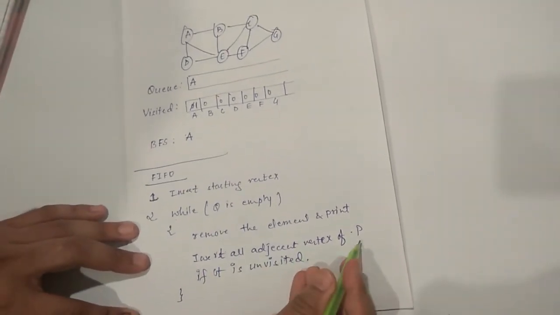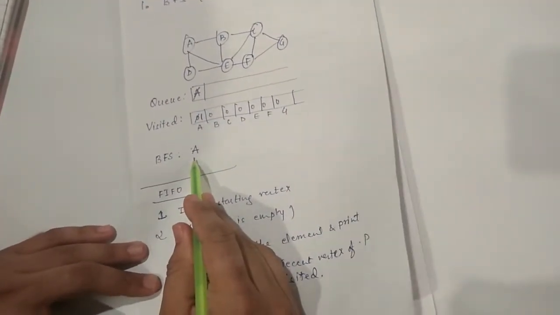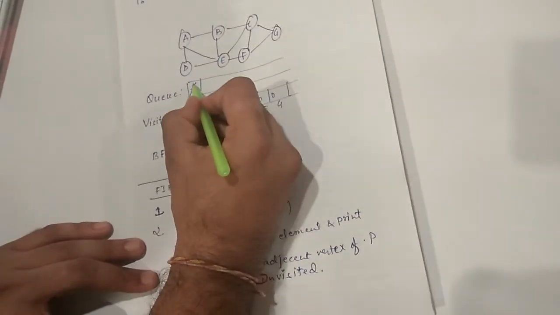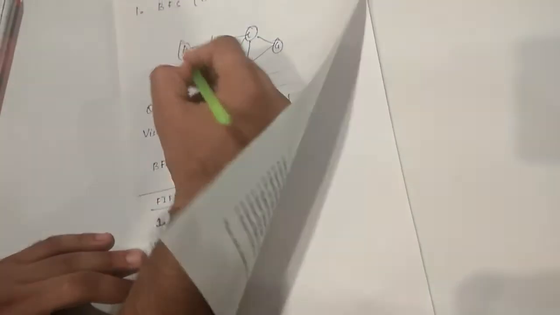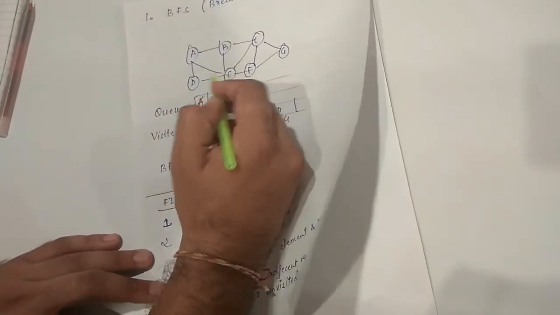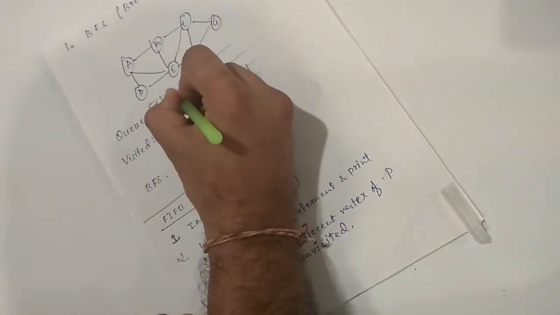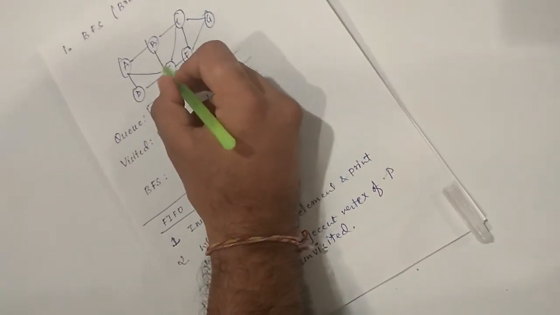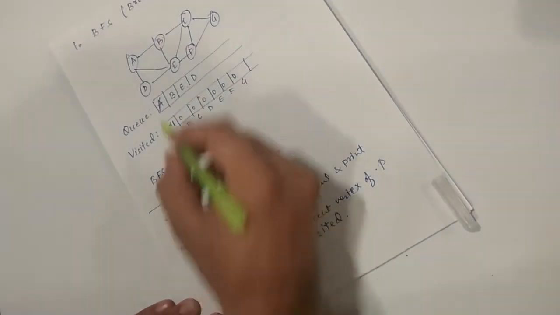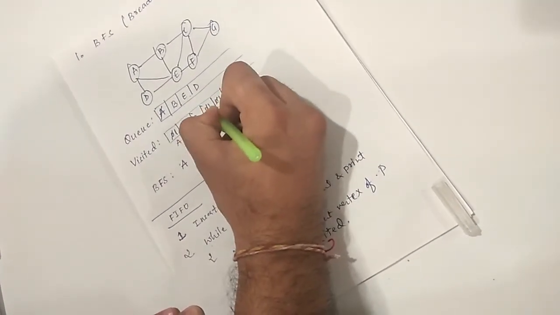Next, insert all the adjacent vertices of P. So here I need to write all the adjacent vertices of A. The adjacent vertices of A are B, E and D. There are 3 adjacent vertices. Now the adjacent vertices can be written in any order, B, E and D. Next, we need to change the visited array also for B, E and D. All the 3 are now visited.